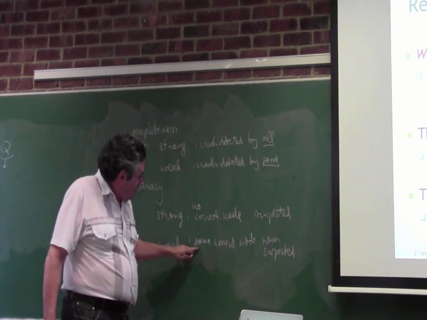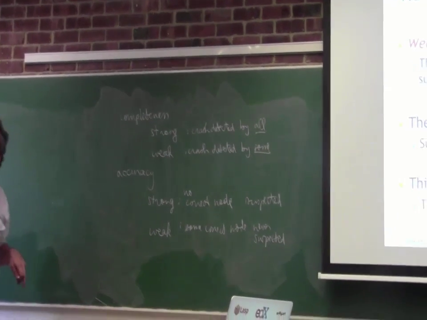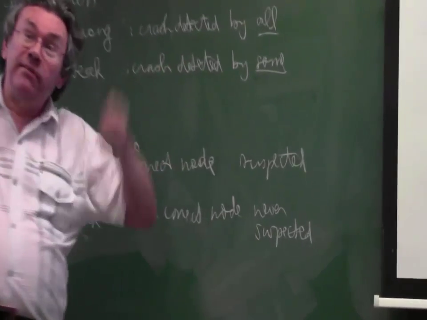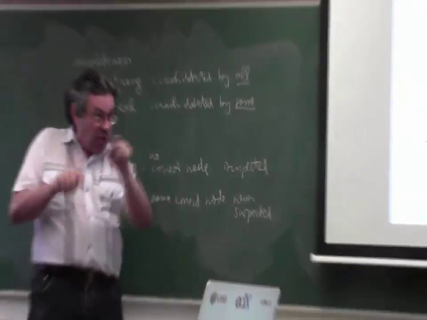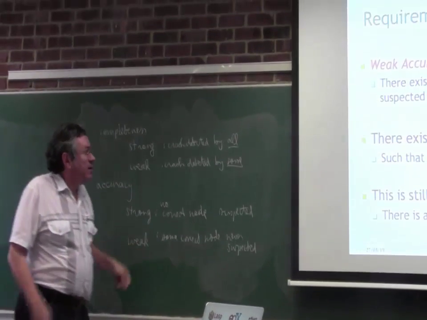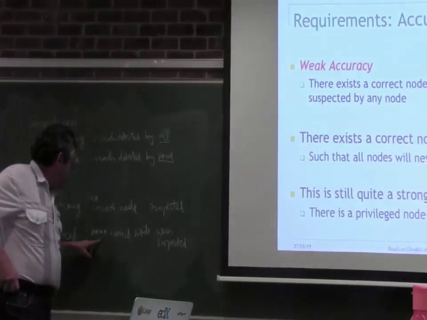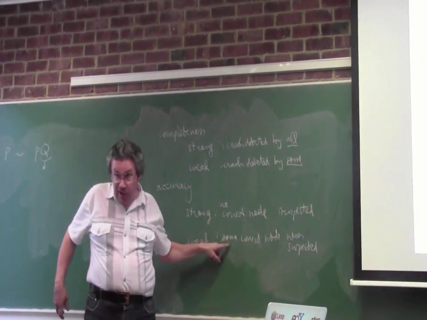So there is some correct node and you never make mistakes with respect to that one. But you can always make mistakes maybe with respect to other nodes. But you always have a good view. There exists a correct node which is never suspected by any node. So you can use the football field analogy, yeah?